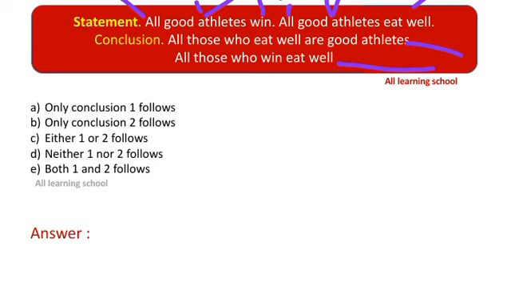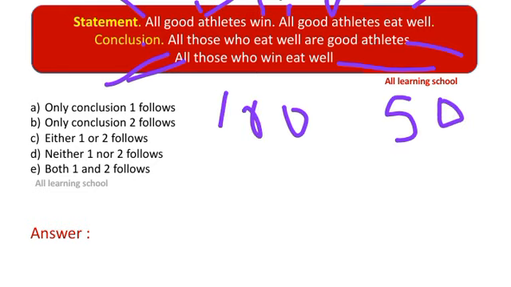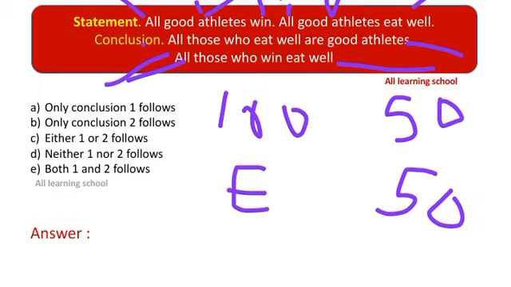Now we'll assign the expense to the conclusions. For the first conclusion, all those who eat well: here the "all" will give income of 100, expense of 150. Eat well has expense of 100 and good athletes have expense of 50. But in the second statement, eat well has income of 50.